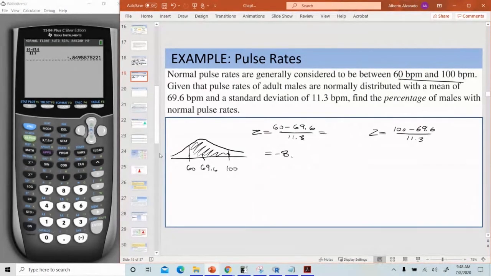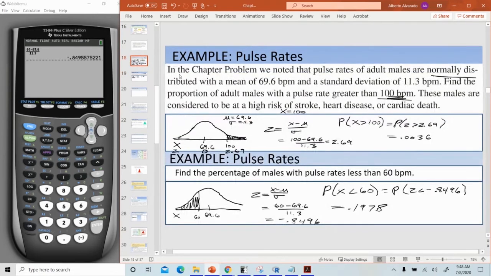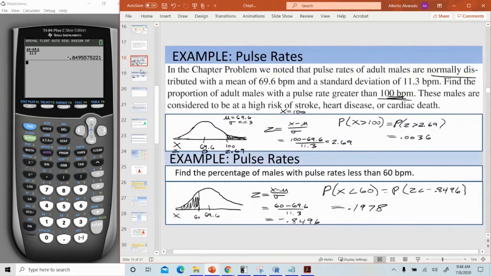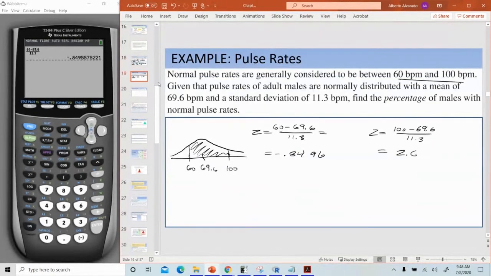I guess I don't have to redo this work, because we already did these. The z-score for 100 is 2.69. So that's the z-score.